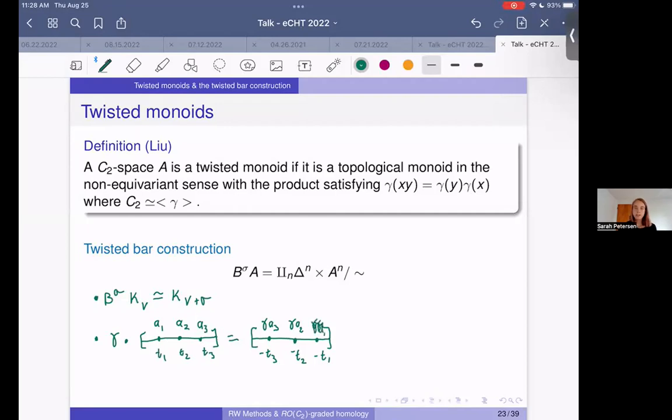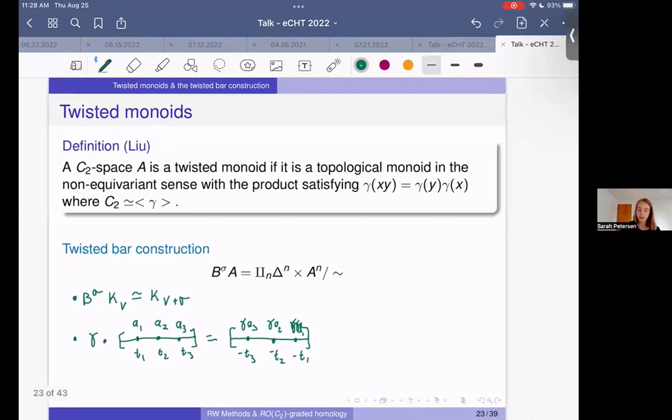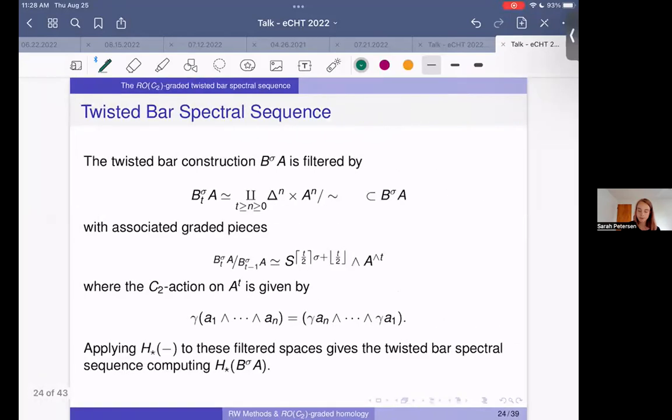So this gives a very explicit model for the signed bar construction, and the model for the star product works the same way as in the non-equivariant case. And once again, we're interested in computing homology, so we're interested in the spectral sequence that arises from this construction. And we can once again filter the construction.